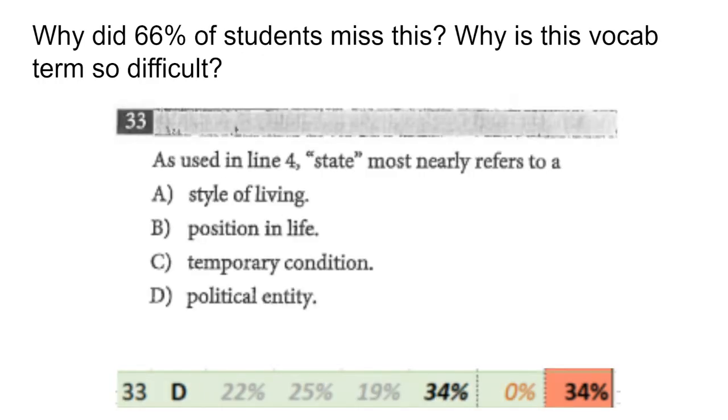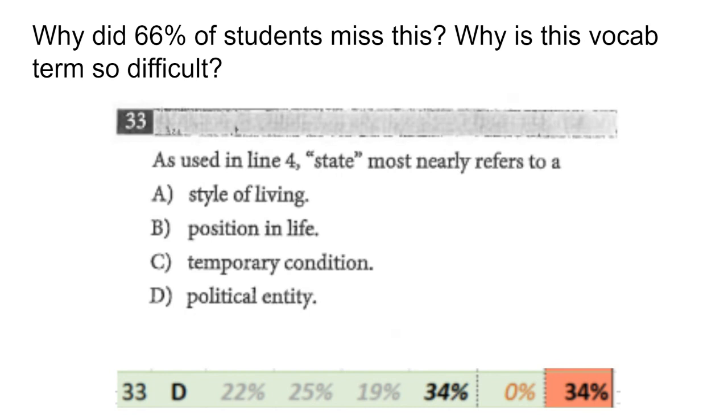Question 33 is another question we struggled with. As used in line 4, state most nearly refers to D, a public entity. In one of the prior boot camps, we talked about words in context. It is important to remember that the words they give you, it is not always the most common definition that is the correct definition. This is a perfect example of that.